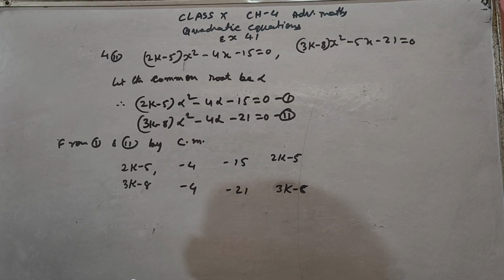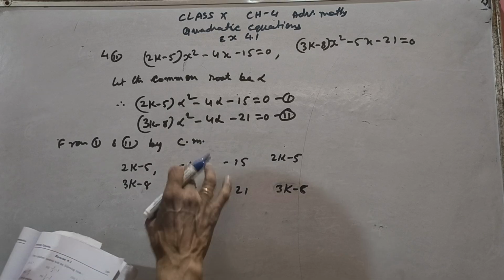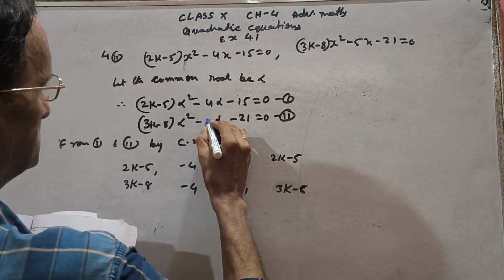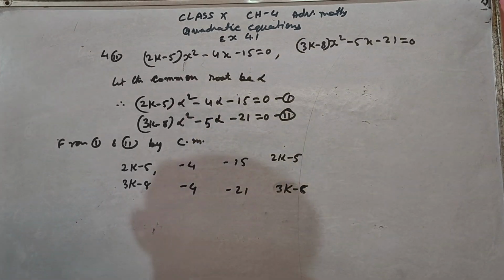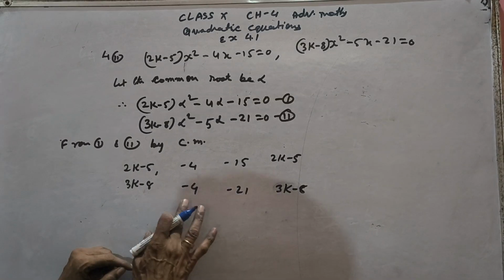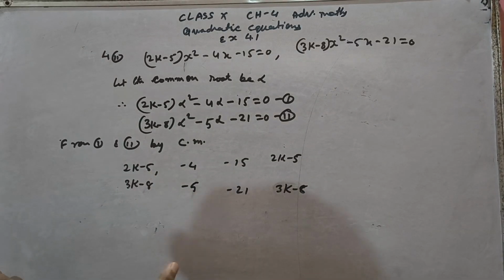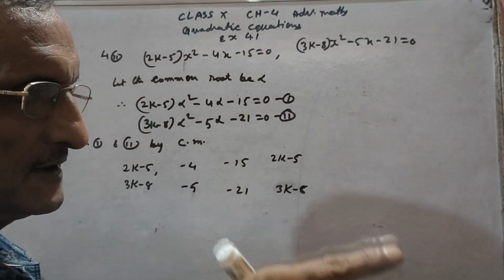Let me check the equation once more. 3k minus 8 into x square minus 5x. Sorry, this is 5x, that's why. So something is wrong here, what is here? Minus 5.